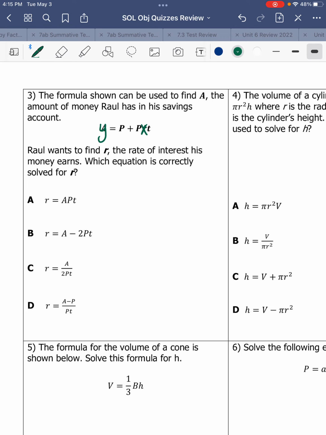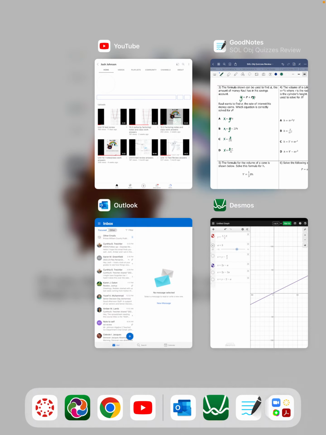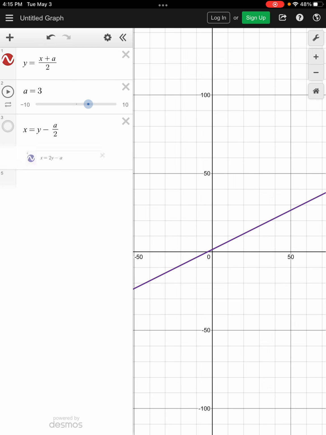So in my answers, the R is always going to be X. And the capitalized A is going to be a Y. And now we're going to plug them in. And the P and T, we're going to change to different letters.